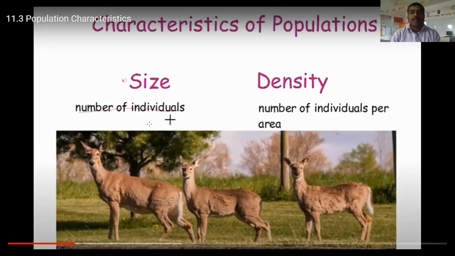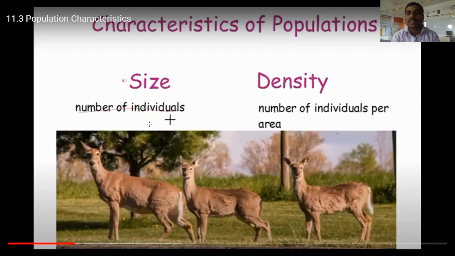You can understand the difference between these two types of densities, crude density and specific density. What is crude density? Suppose there is an area and in that area the individuals are present. The total number of individuals per unit of that area is called crude density.